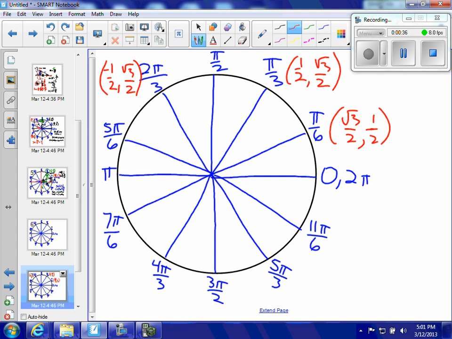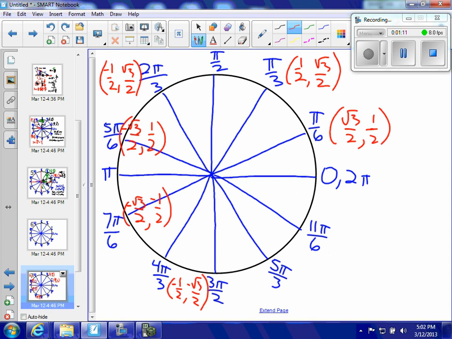5 pi over 6, we have negative radical 3 over 2 comma 1/2. I hope you're seeing the pattern here. At 7 pi over 6, I have negative radical 3 over 2 comma negative 1/2. 4 pi over 3, I have negative 1/2 comma negative radical 3 over 2.